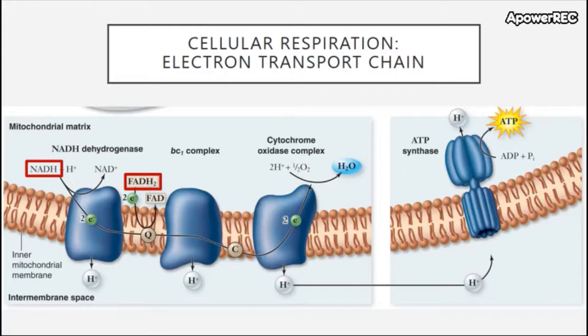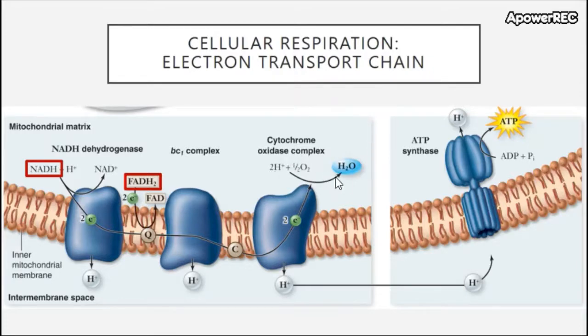Take a moment and locate where oxygen is on this electron transport chain, and let's see if we can make sense of the role of oxygen in this system. We can see here at the cytochrome oxidase complex that we can take an oxygen molecule.